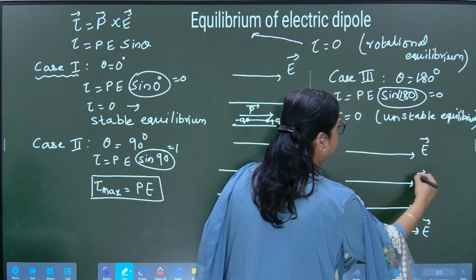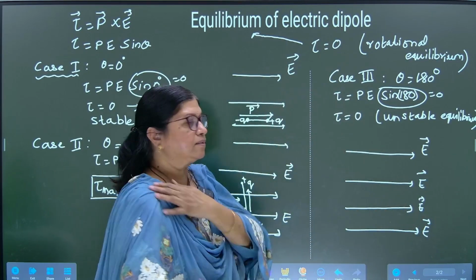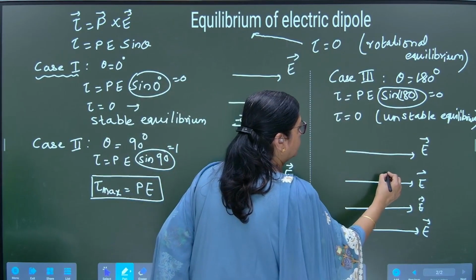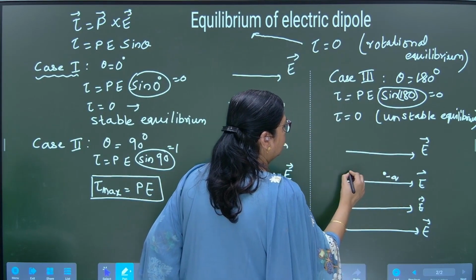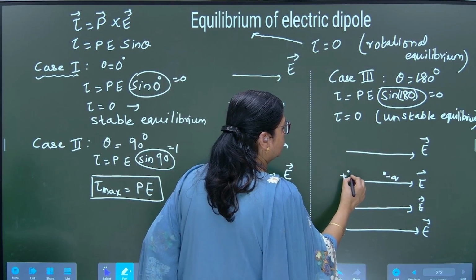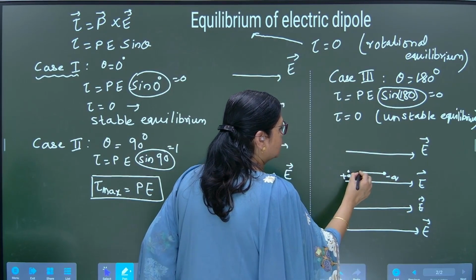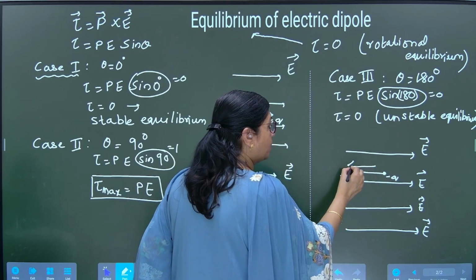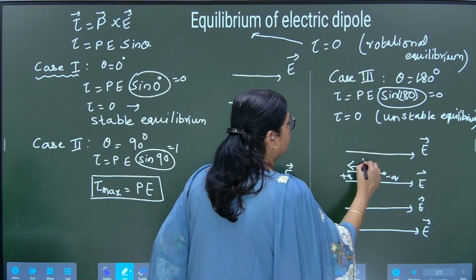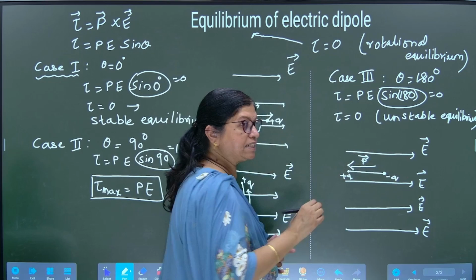All are E. Okay, how do I place it? I place negative Q here. Here I place positive Q such that this dipole's direction is opposite to the direction of the electric field.